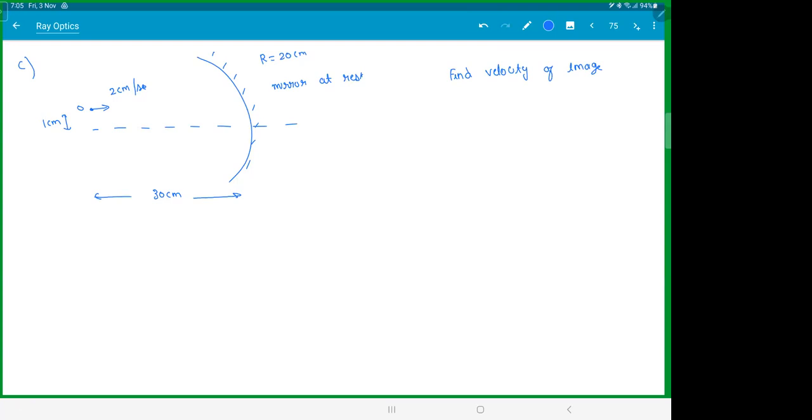If you move the mirror, it will also get more messed up, but I think you got the hang of what happens when mirror moves. Let's get this thing. You have an object at a height of 1 centimeter. Everything else data is same. Find the velocity of the image at this instant.